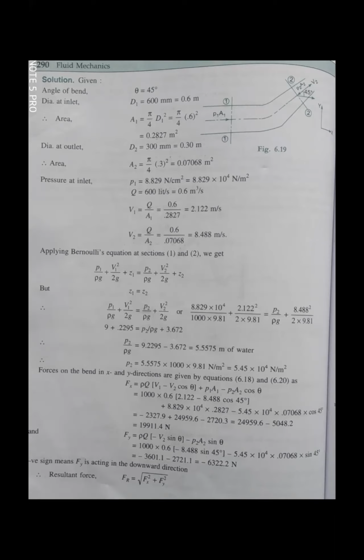So in that way, you can have Fx equal to rho Q into V1 minus V2 cos theta plus P1 A1 minus P2 A2 cos theta.